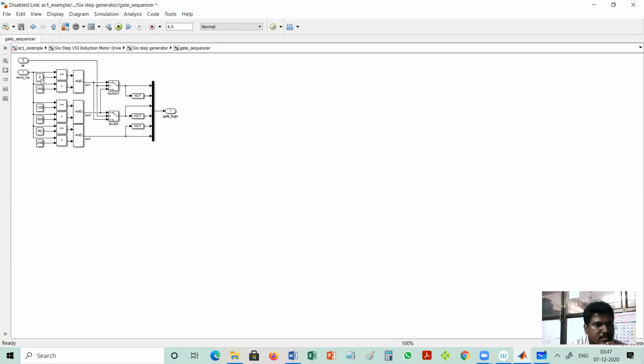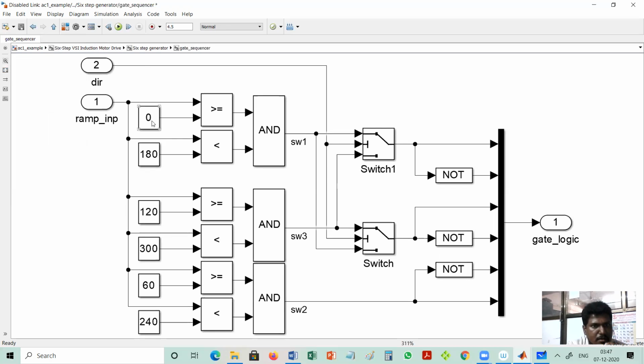Here you can check the sectors. Once a switch is turned on, it will be turned on for 180 degrees. For switch 1, SW1, you will observe 0 to 180 degree duration.